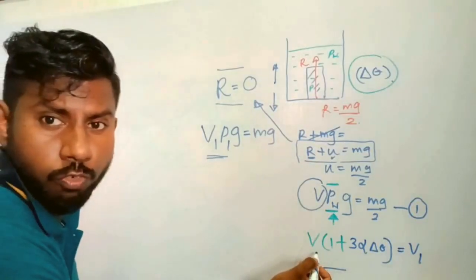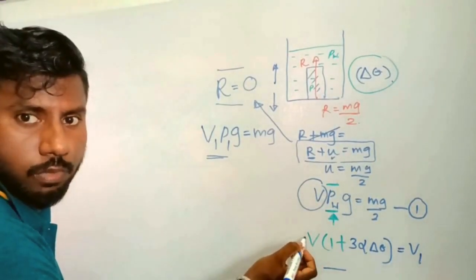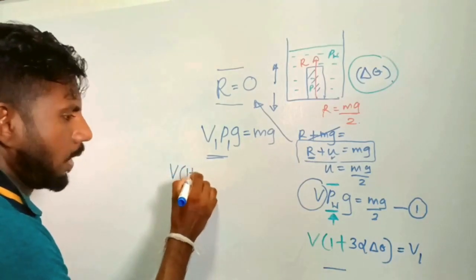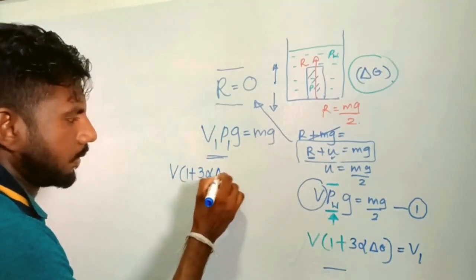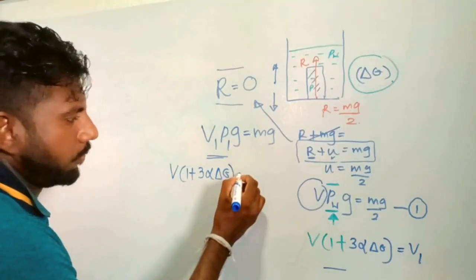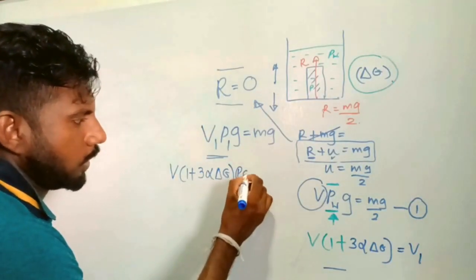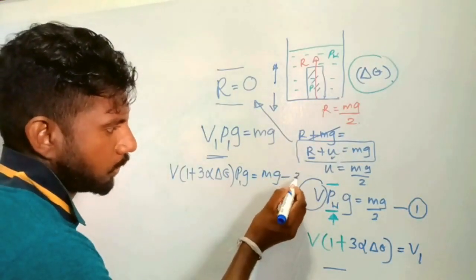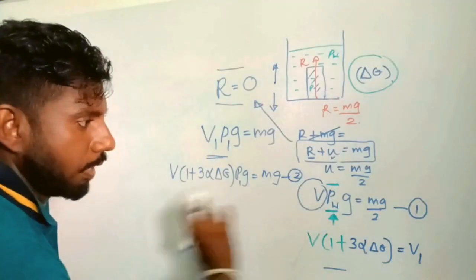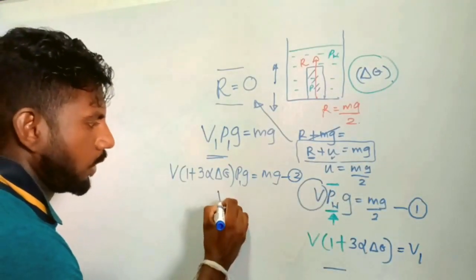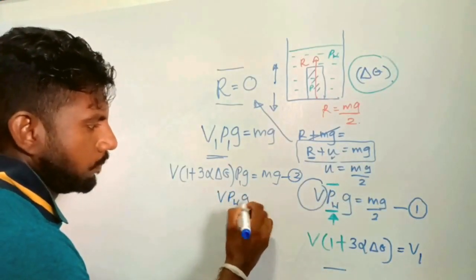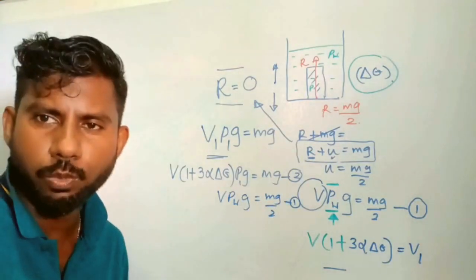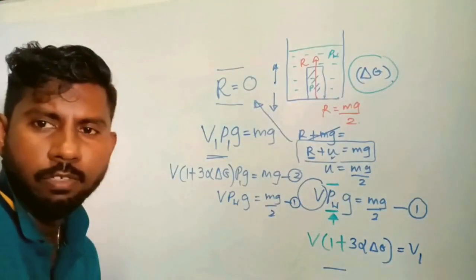Let's write the value of V1, which we get from here. So V into 1 plus 3 alpha delta theta, into rho 1 g equals mg. That is our second equation. So let's write down both equations together. We have V rho W g equals mg by 2, the first equation. We have to divide the second one by the first one.